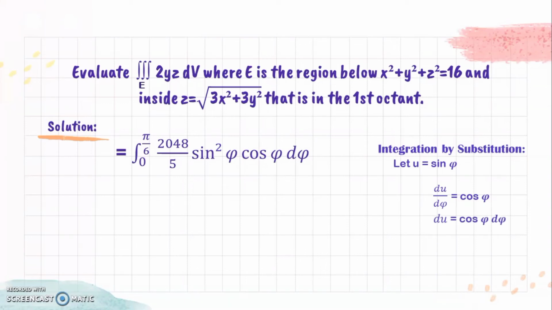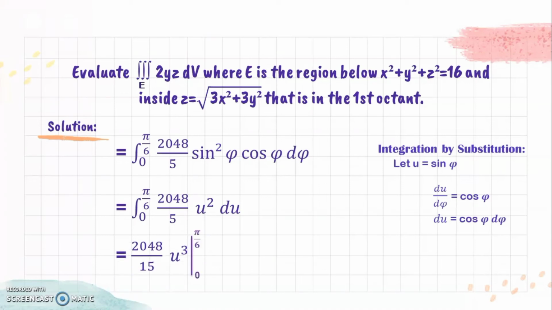So by using the result from our u substitution, we will be left with 2048 over 5 u squared du. And the integral of 2048 over 5 u squared is 2048 over 15 u cubed. Now, we'll bring back the initial value of u since we will evaluate this from 0 to pi over 6.